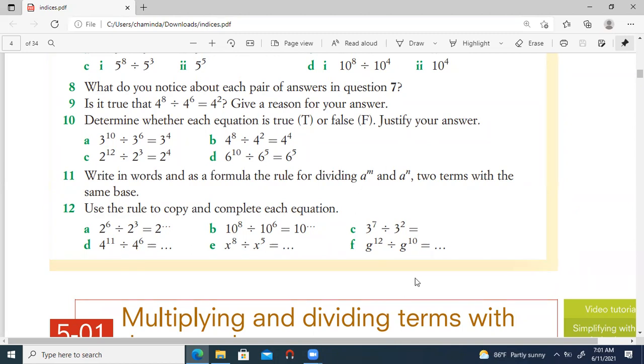Yes, please write it. And then quickly complete question number 12 also before the next meeting.